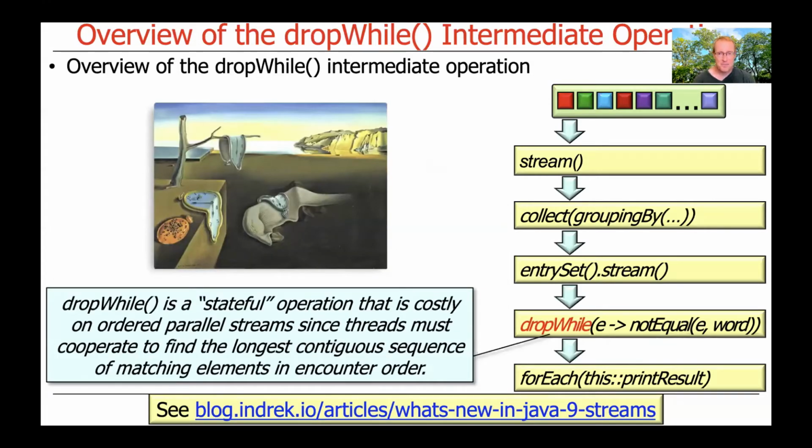That's because parallel streams have to keep track of the encounter order in order to be able to give you back the longest contiguous sequence of matching elements in the order that they were encountered in the original data source. And it turns out that this is actually very expensive to compute. It's doable, and the streams framework, the parallel streams implementation, will do this, but it's very costly. So the long and the short of it is, don't use the dropWhile intermediate operation for ordered parallel streams.